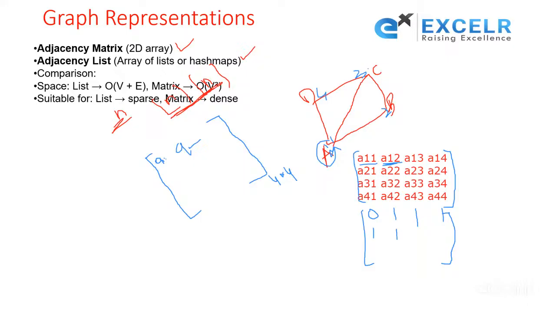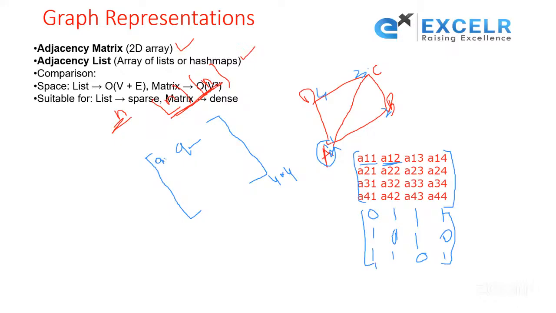Is there any edge between 2 to 4? No, there is no edge, so it would be 0, right? Similarly, is there any edge between 3 to 1? Yes. 3 to 2? Yes. 3 to 3? No. 3 to 4? Yes. 4 to 1? Yes, there is an edge.